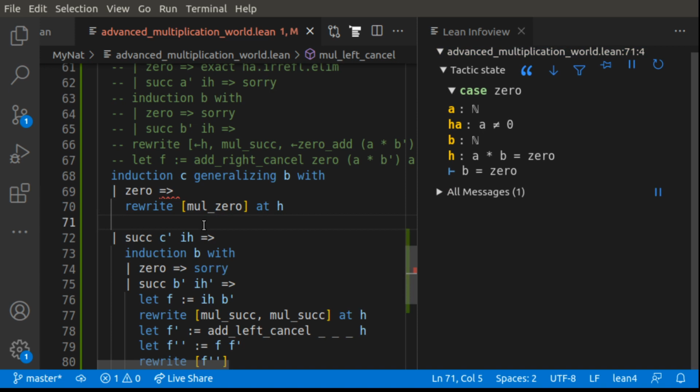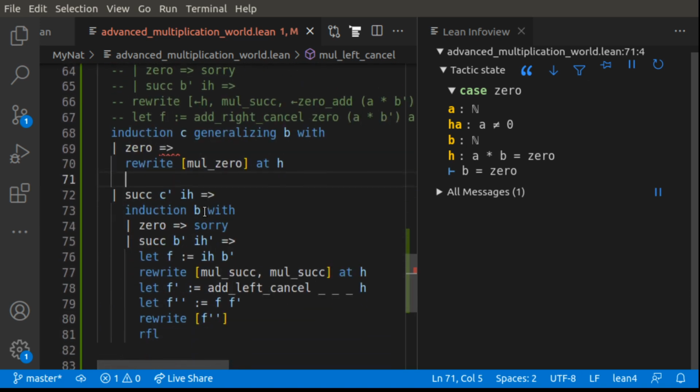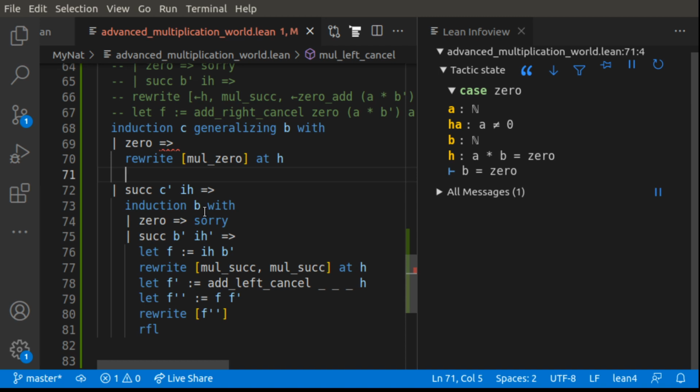So we need b equals 0 because of our proof. We can solve this. A times b equals 0. Go to our advanced, or just scroll up.